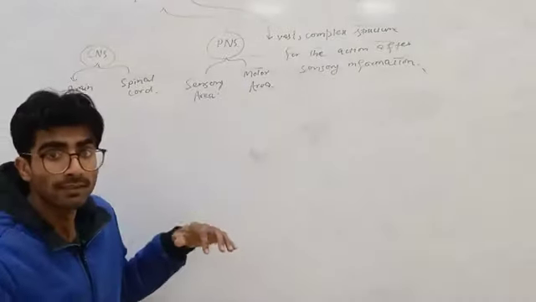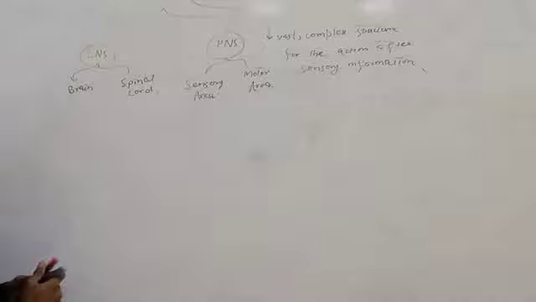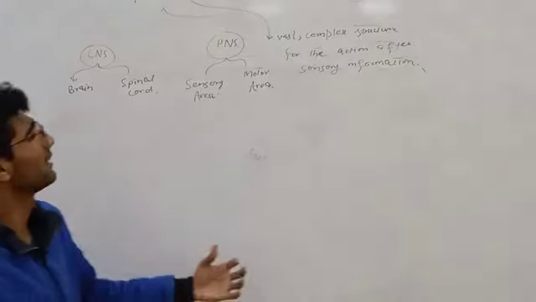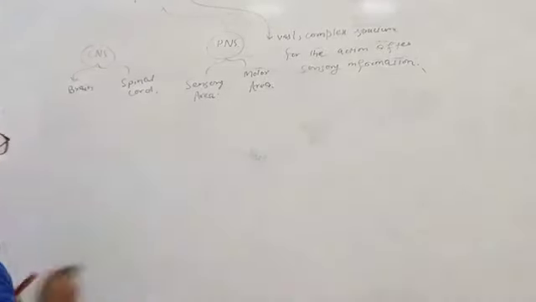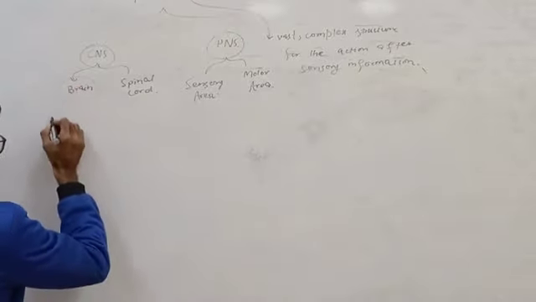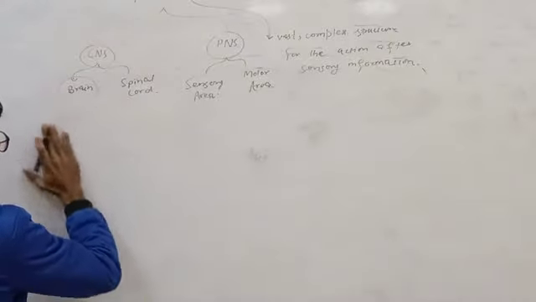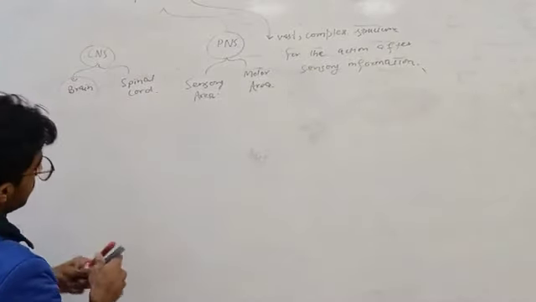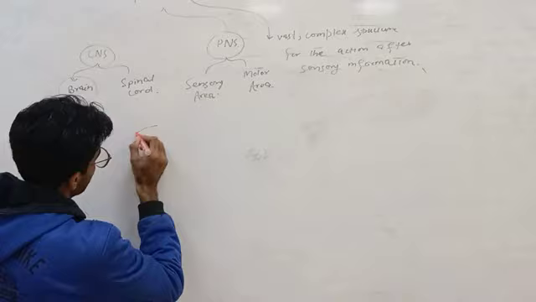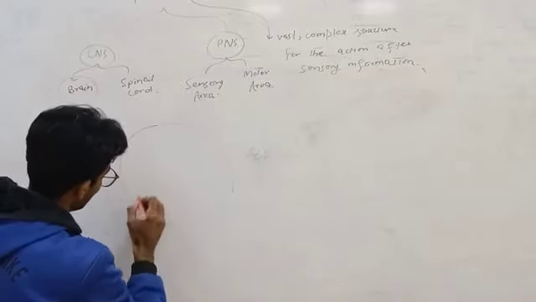Now we will discuss very deeply here. What is the brain? What is the spinal cord? What is the sensory area? What is the motor area? Actually, look at the structure of the brain. Suppose we have a little brain.